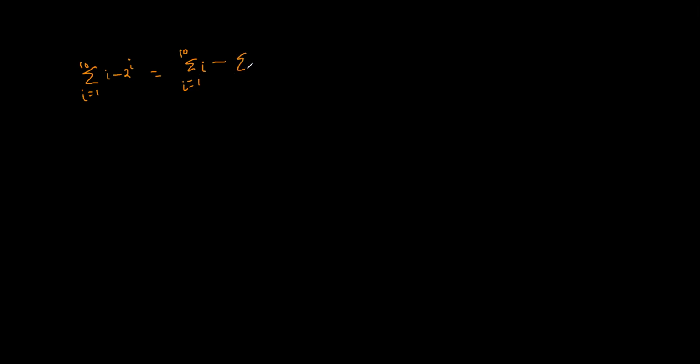Understood? Yeah, so then it'd be 10 minus parentheses 1 times 2 to the power of 1, and then eventually it reaches 10. Yeah. So first we will solve this part. So first part is i from 1 plus 2 plus 3 to 10, right? And then 2 raised to 1, 2 raised to 2, to 2 raised to 10. Understood?